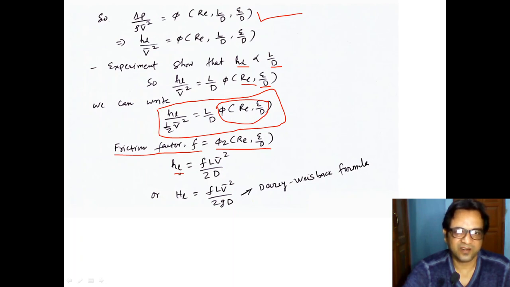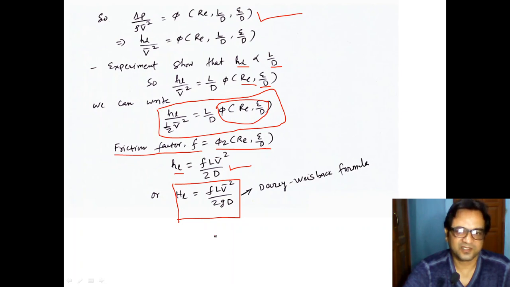So this is the head loss per unit mass. Now you can divide by g on both sides, and it becomes the head loss in terms of unit of length. So HL equals F L V square by 2gD.